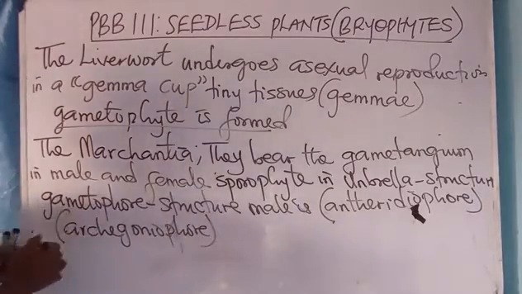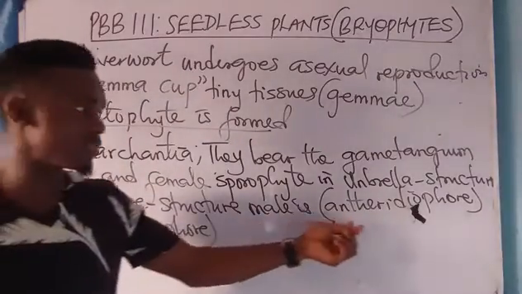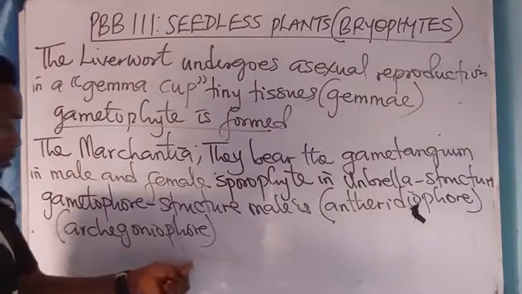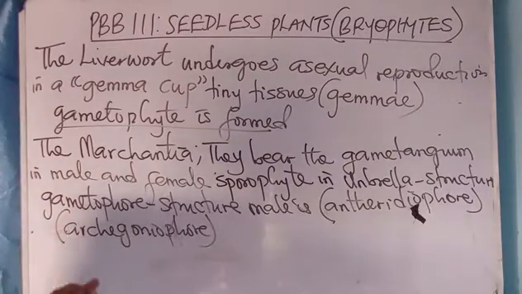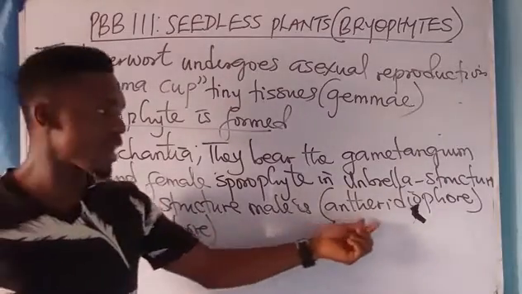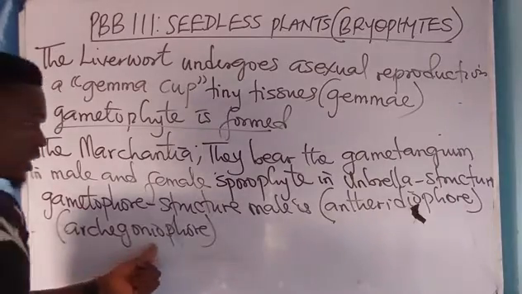But these names are for females. I don't know, understand. Look at the names. The guys' is easily pronounced, antheridiophore. Very easy. But this one, archegoniophore. Now, so please, the gametophore structure of male is called what? Antheridiophore, while that of the female is what? Archegoniophore.